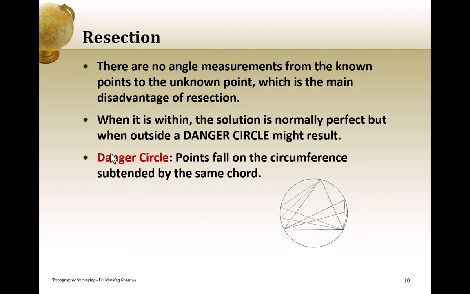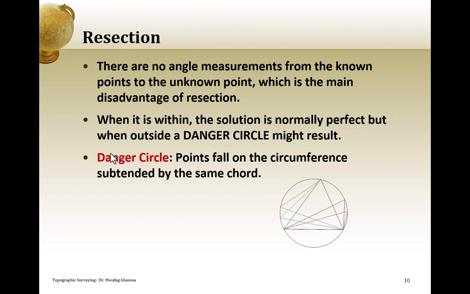The resection does not have any setups on the control stations, so there are no measurements from the control stations or the known points to the unknown points, and this is one of the disadvantages of the method. When the point is inside the triangle, the solution is normally perfect, but the point should be outside the danger circle. What is the danger circle?